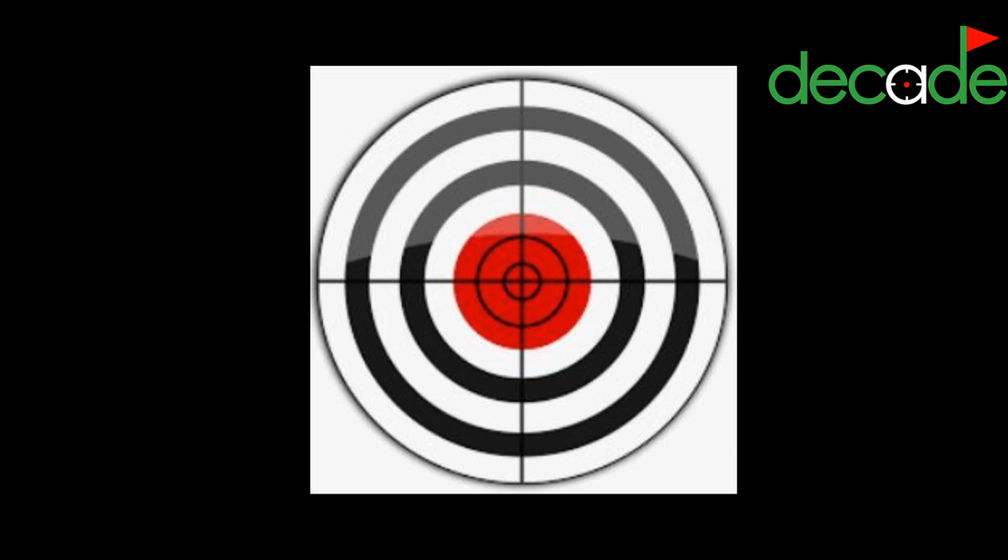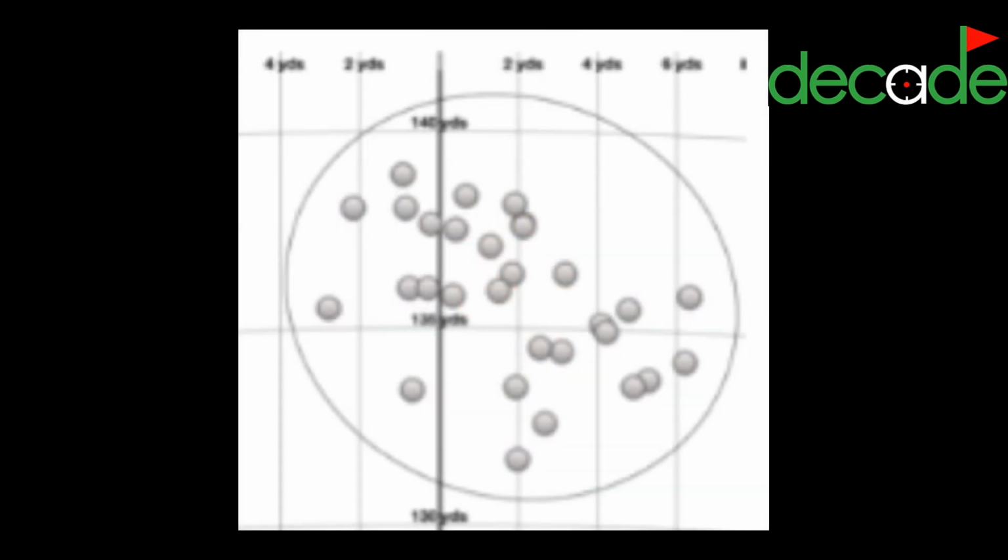But what I need you to know is if you hit a million shots, the target should be the center of those shots. So as an example, even though this is a very good looking shot pattern, it is centered right of what our actual target was when we were hitting the shots. We were trying to hit these shots here, but the shots on average finished here.